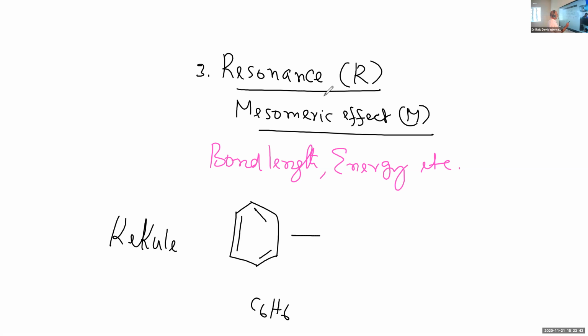So another structure was also given, in which the electron pairs are shifted. Say the electron pair is shifted like this. Here also the electron pair is shifted, so the position of the double bond is changed.